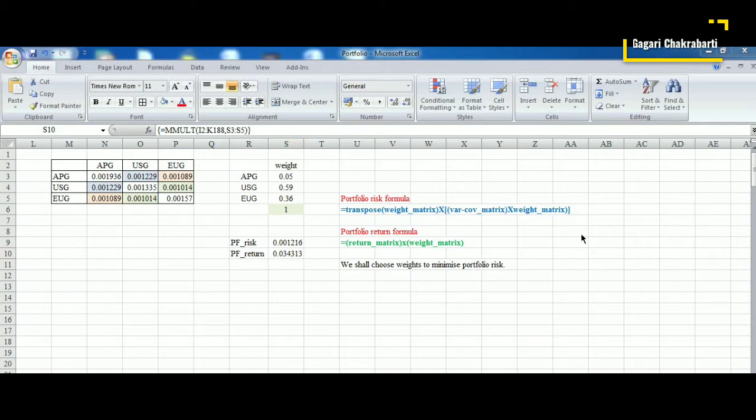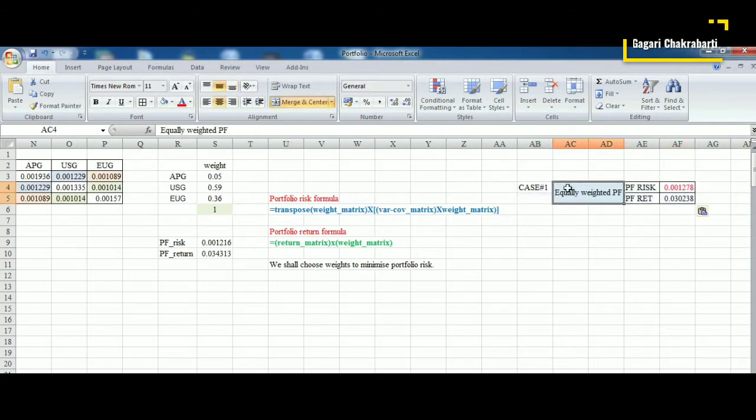This case will also be saved just like the previous case. So that is our case 1, the case for the equally weighted portfolio with the corresponding risk and return. Now the second case is saved as case 2, which shows the portfolio risk and return from the minimum variance portfolio.